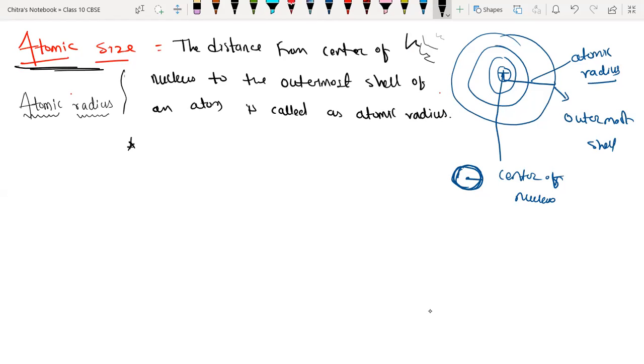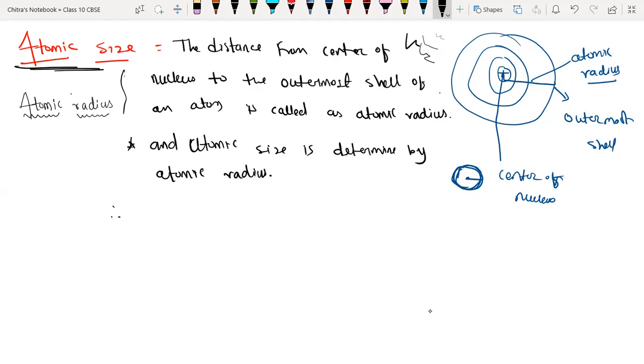Atomic size is determined by atomic radius only. So I'm writing here, atomic size is determined by atomic radius. Sir, can we say that atomic size is proportional to atomic radius? Yes, we can say.